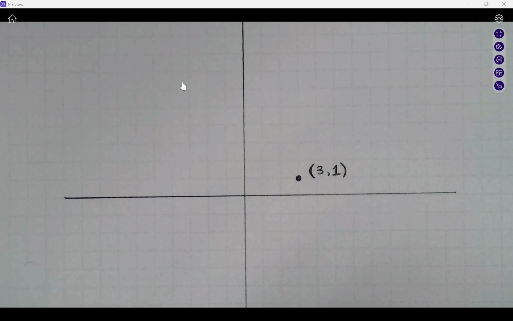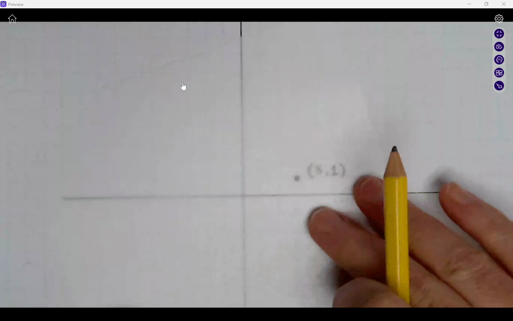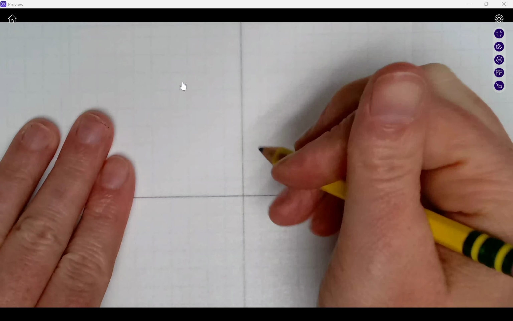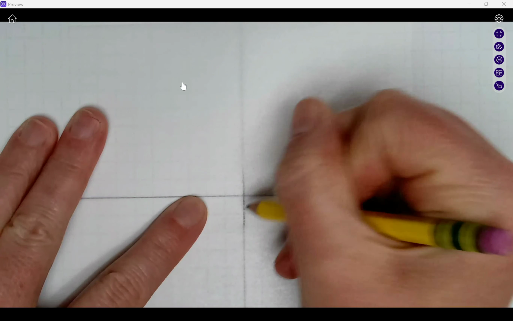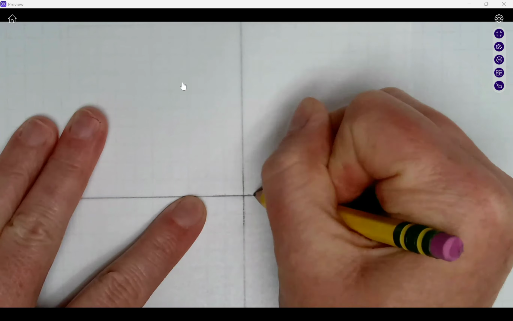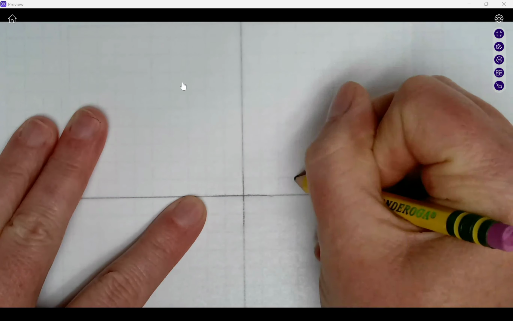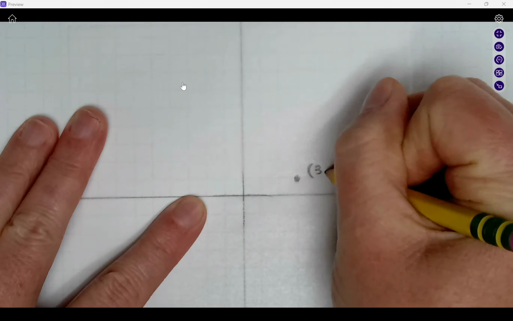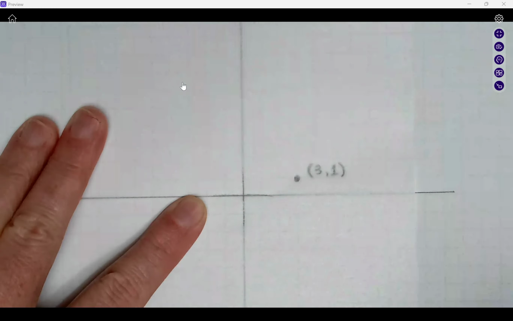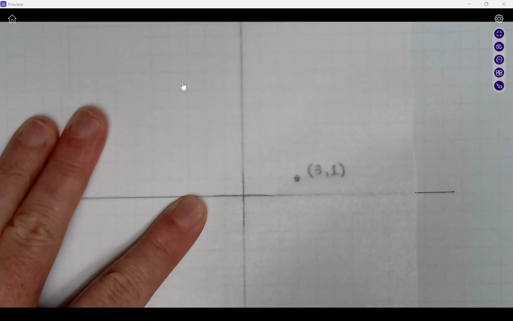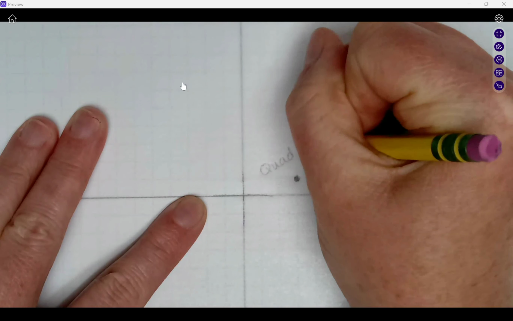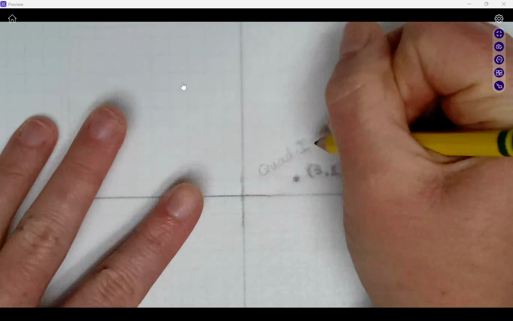So anyhow, I've got my patty paper. I'm going to lay it over my graph here. I'm going to trace this origin, and I'm going to plot or trace over that point 3, 1. Whenever I'm performing rotations, I also like to indicate what quadrant my figure is in to begin with, or what point.